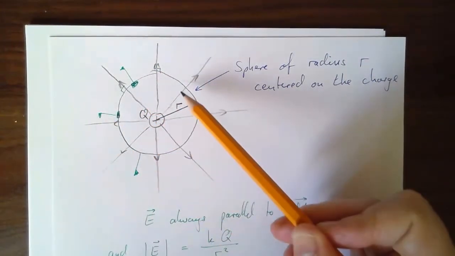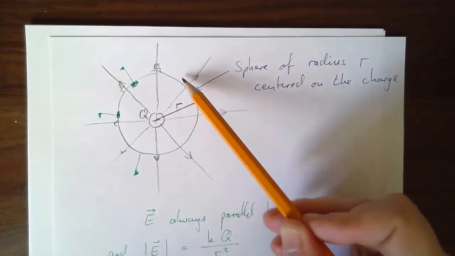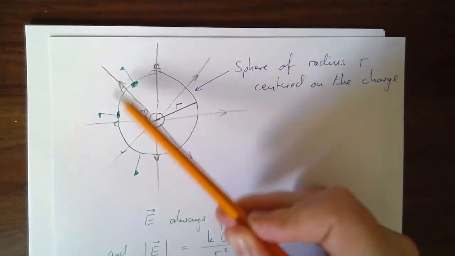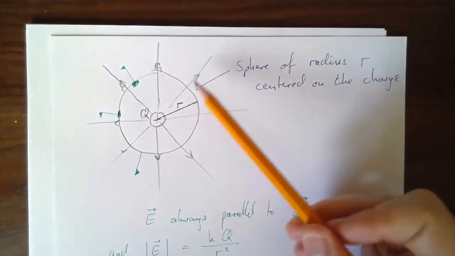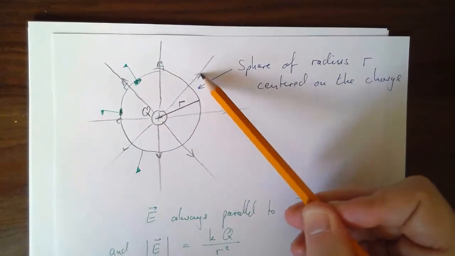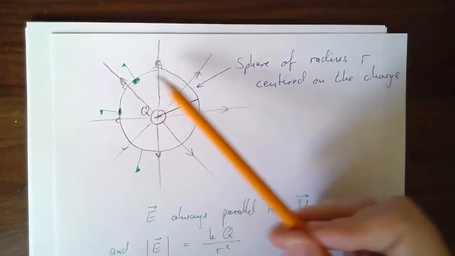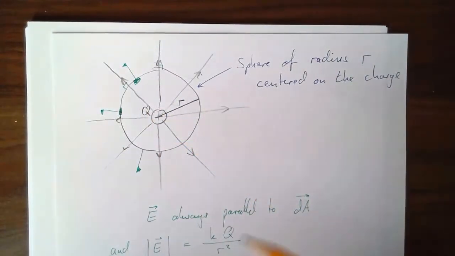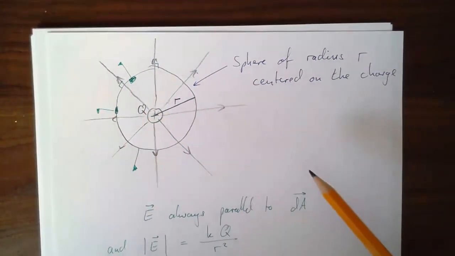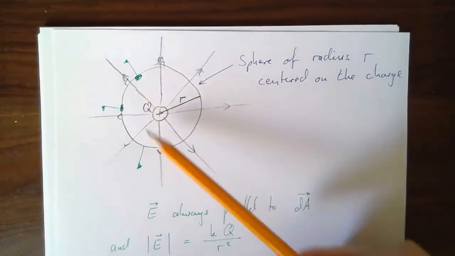If the sphere is bigger, they're further apart, or the electric field is weaker, but there's also more total area. And that sort of compensates, right? Any field line that starts on the inside at some point leaves the sphere, so the number of field lines passing through the surface, and that is just what we mean by the flux, stays the same no matter the size of the sphere.